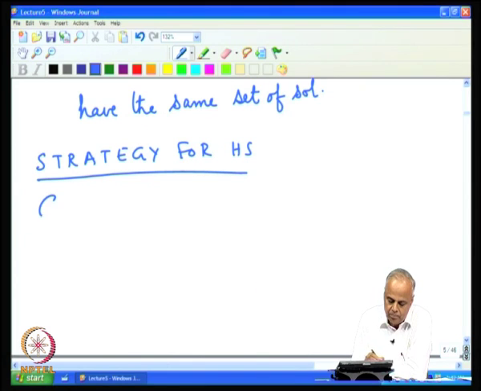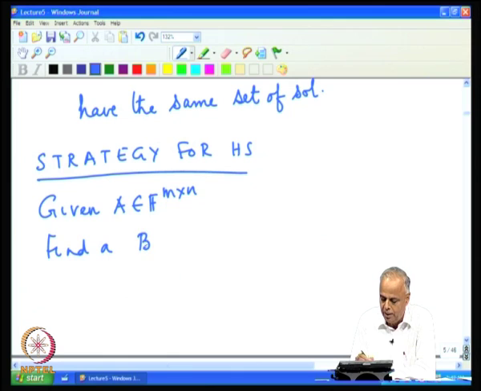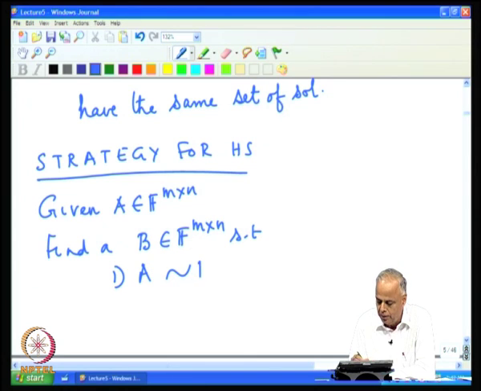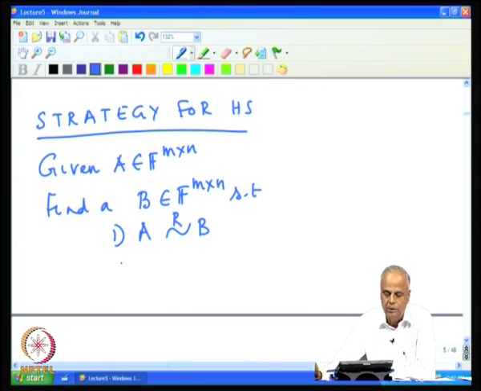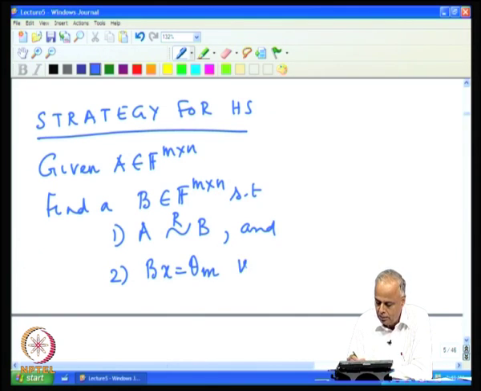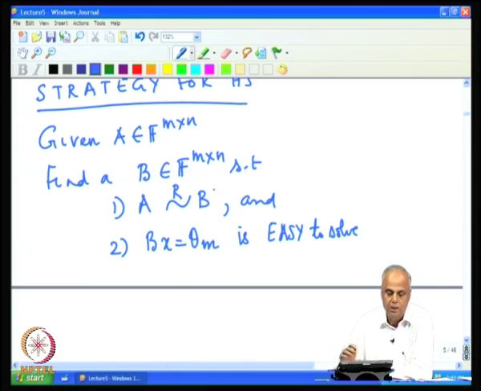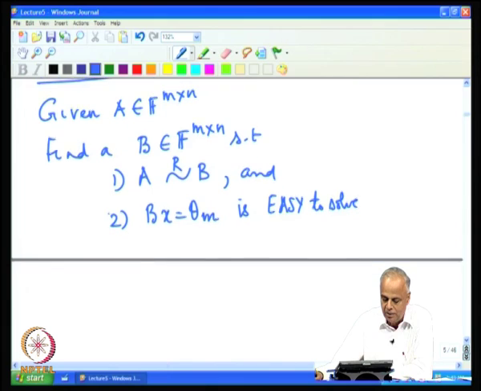Given the matrix A, you find a matrix B such that A is row equivalent to B, so that A x equal to theta m and B x equal to theta m have the same solution, and B x equal to theta m is easy to solve. If we can do this, then we can solve B x equal to theta m, and since the solutions are the same as the solutions of A x equal to theta m, we would have found the solutions of the given system A x equal to theta m.